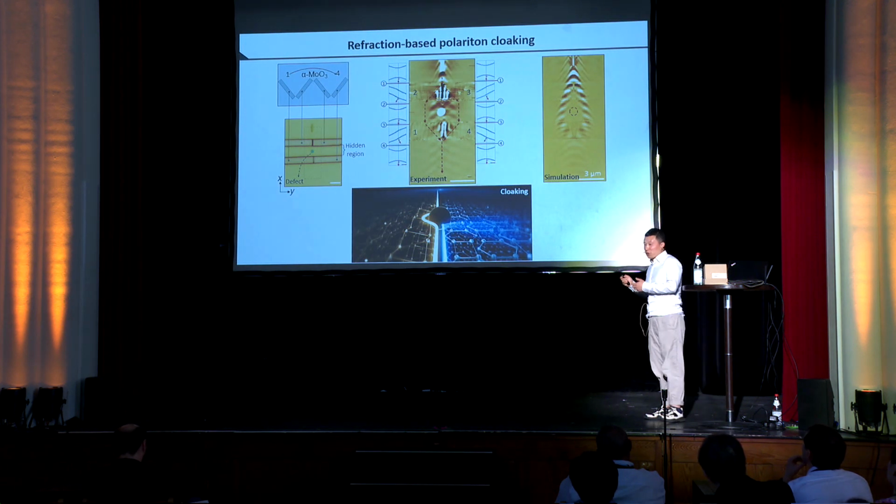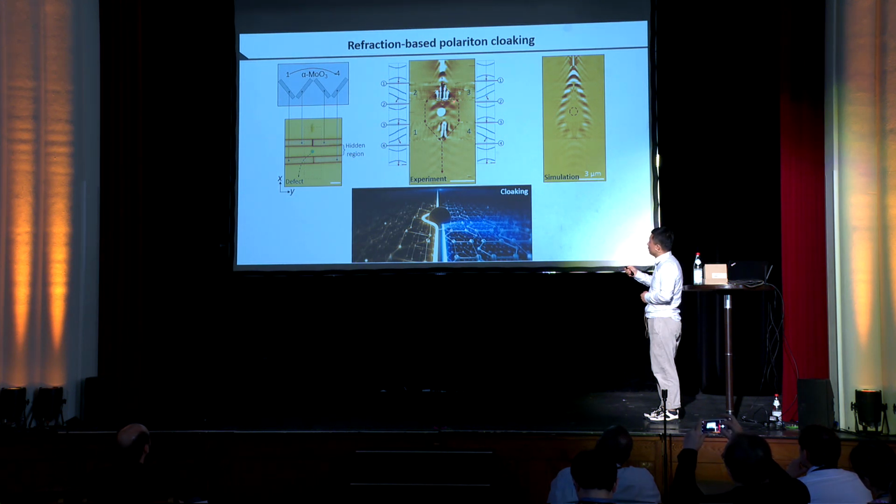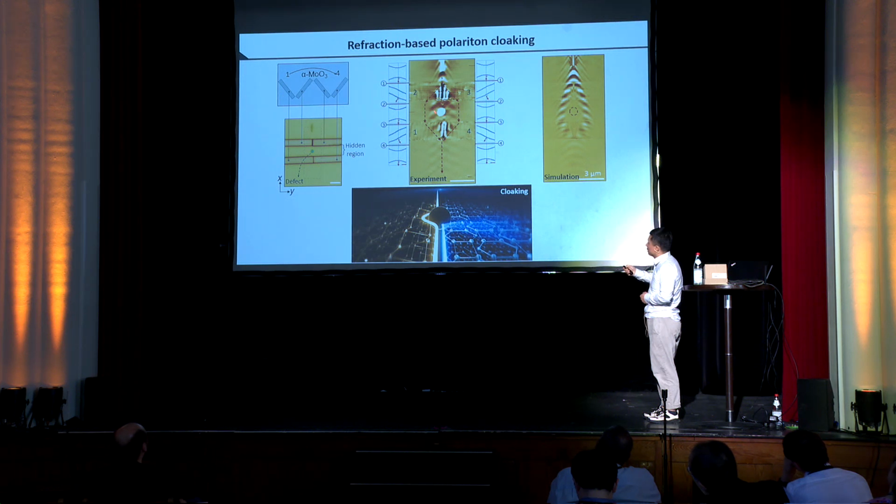And if you put more ribbons here, right, you can see that these hyperbolic polaritons can first split, then turn a corner, and then merge back to create this kind of cloaking device here, right? Because this is a defect, you can see that the polariton field cannot touch this area, and it can be considered as a cloaking device.